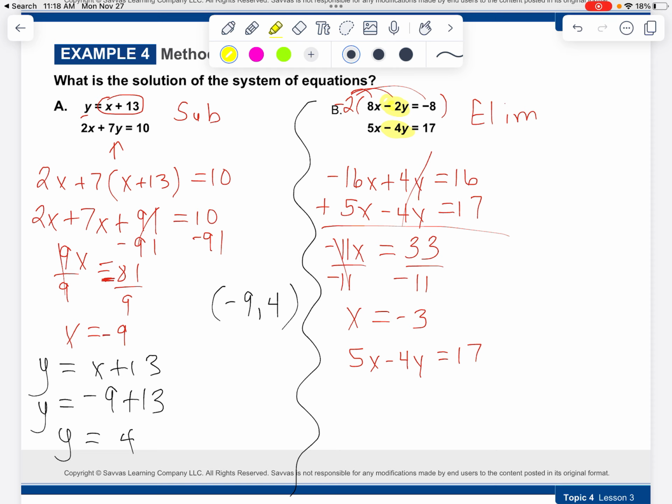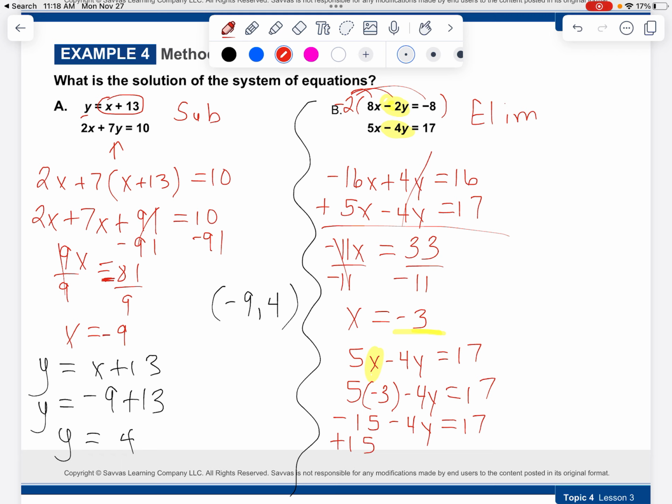And completely substitute x with what you found it to be, which was negative 3. Five times negative 3 is negative 15. We're then going to add 15 to the other side of the equation. And I'm running out of space here.